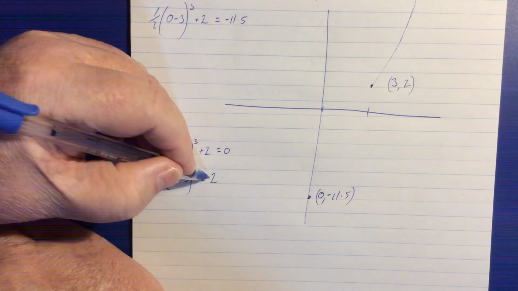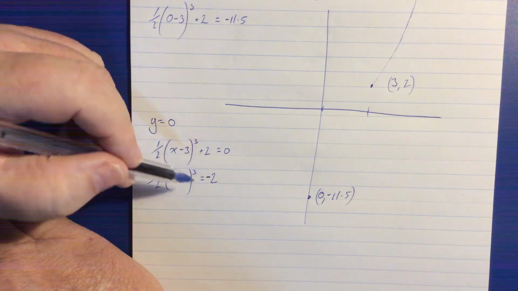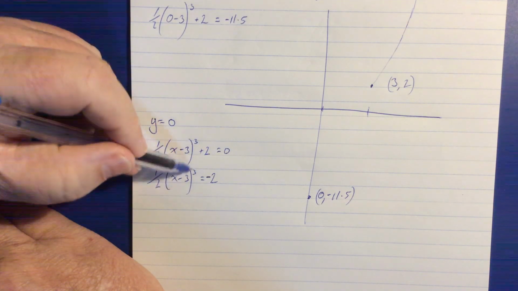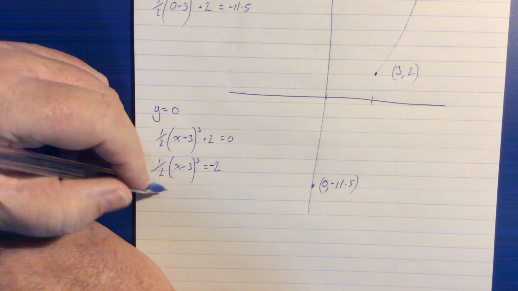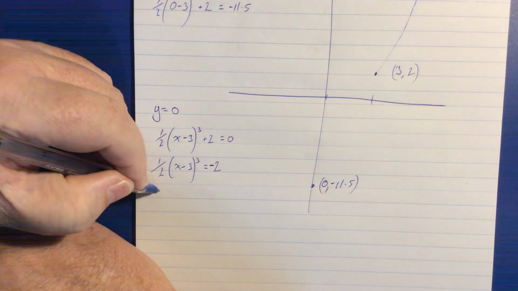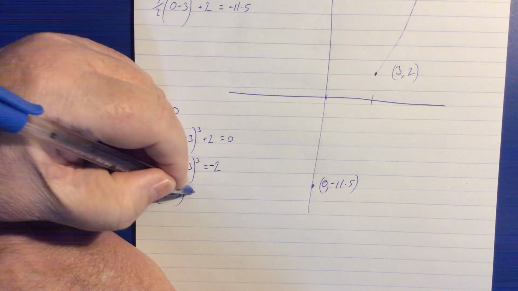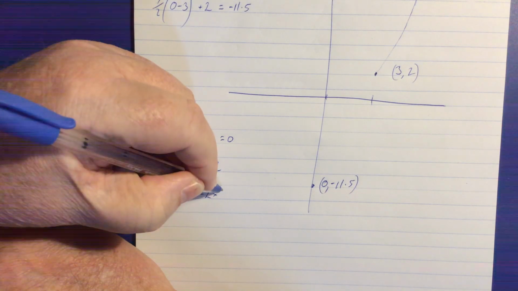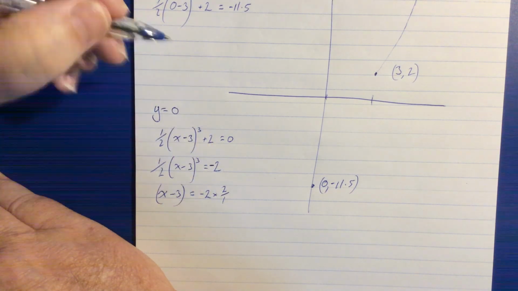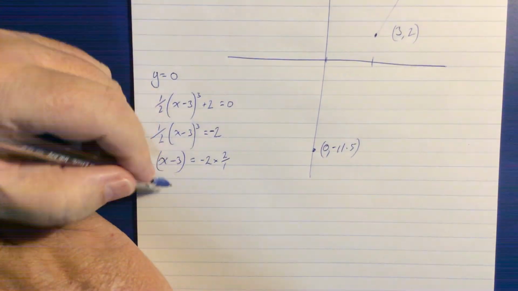what happens, oh by the way, that is -2. Did I say -2? I should have. So 1/2 (x minus 3) all cubed equals -2. My apologies if I missed that. And so what we wind up with is (x minus 3) cubed equals negative 2 times 2 over 1, which is going to be negative 4.